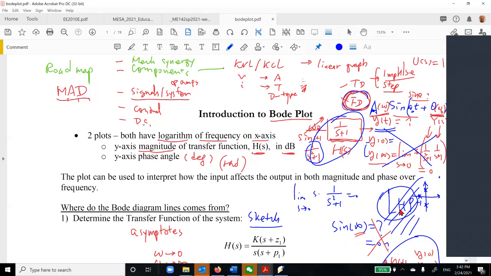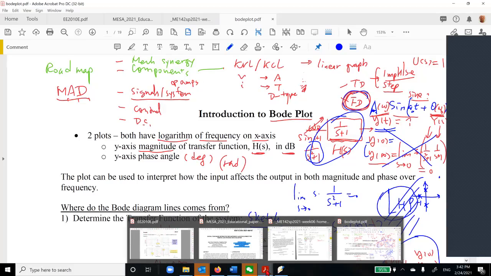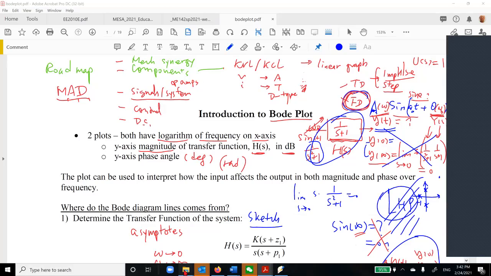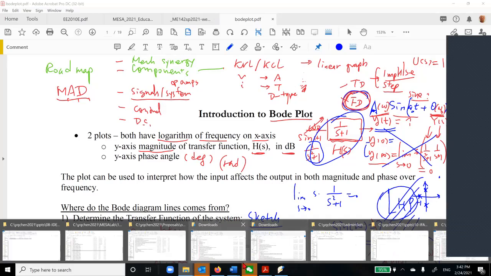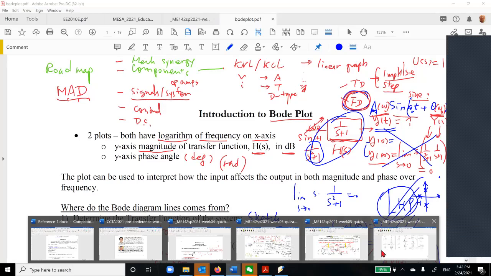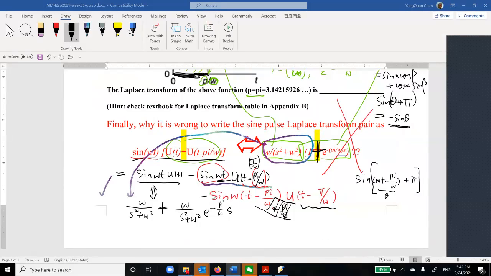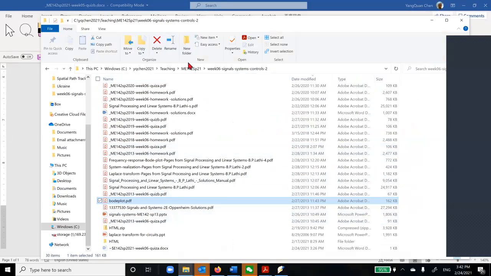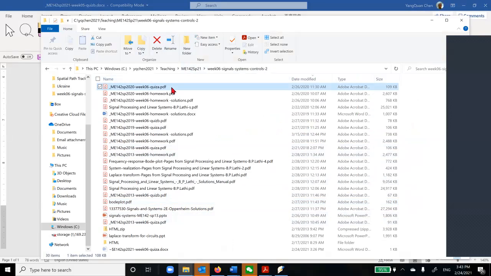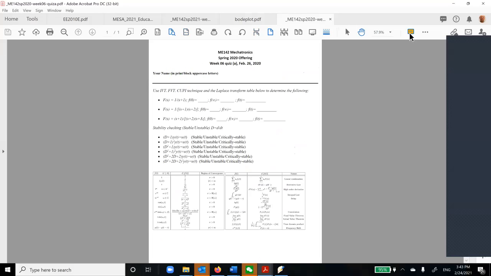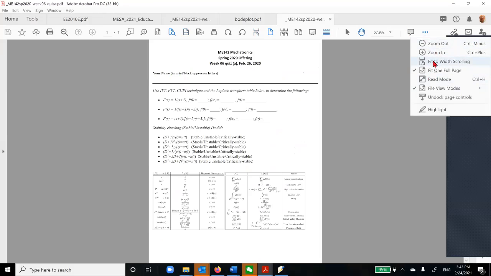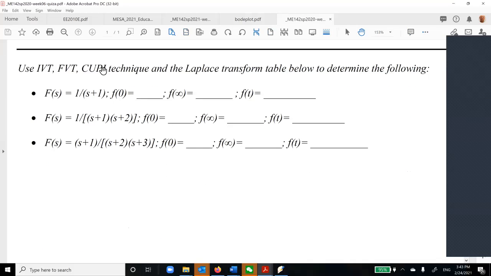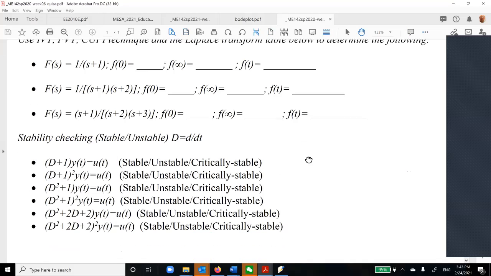We also went through parts of stability, which is shown in today's quiz question. So this is this week's quiz. I basically will be able to do this.